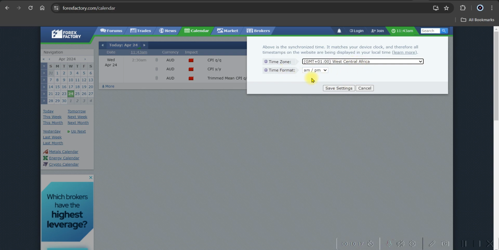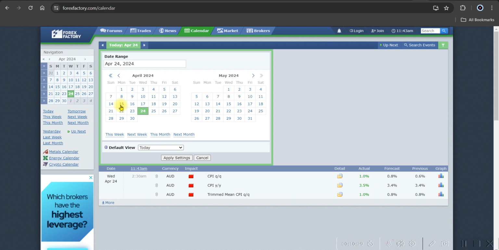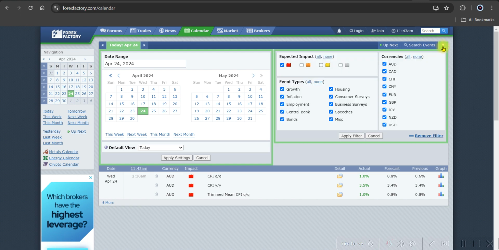So if there are any changes you make here, you save the setting. So then also for this, you can actually check for different things. You can pick for today, you can pick for tomorrow, you can pick for next month and all that. But before that, I need to set my filter. This is where the filter is.